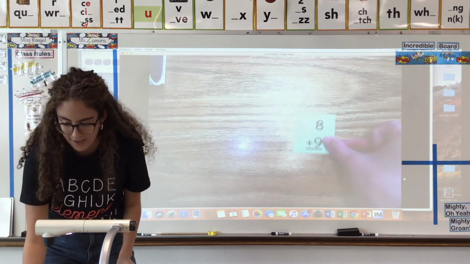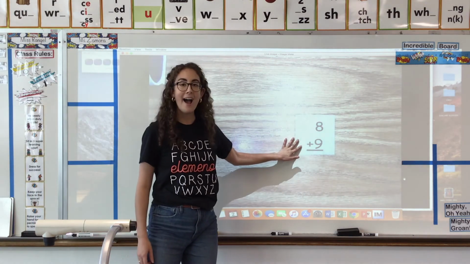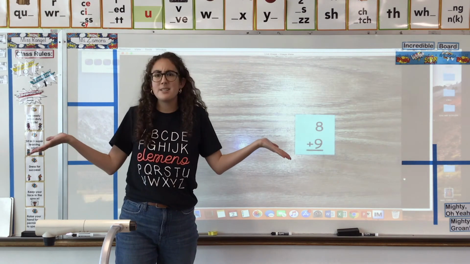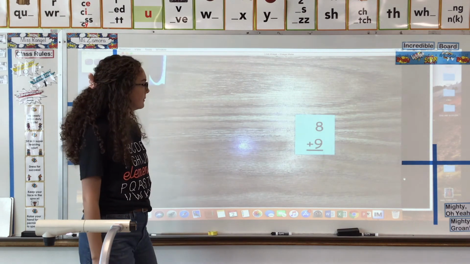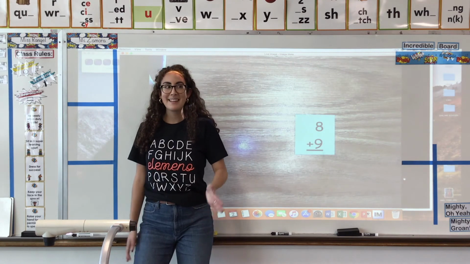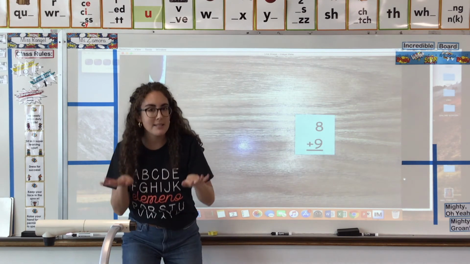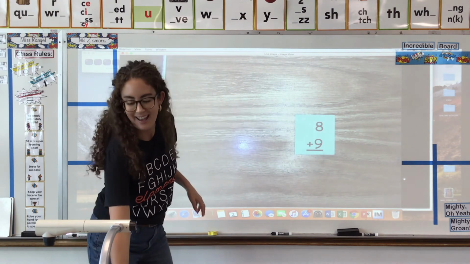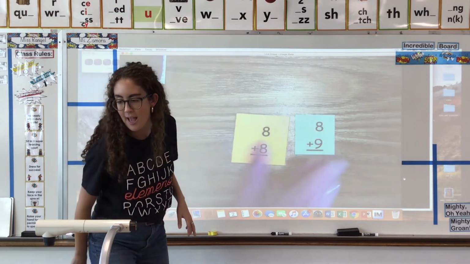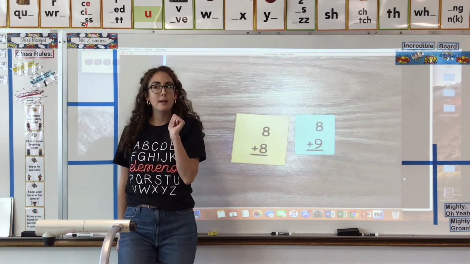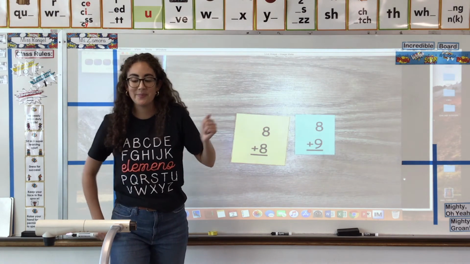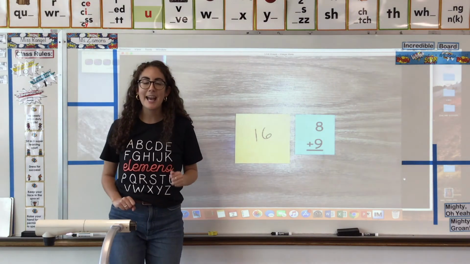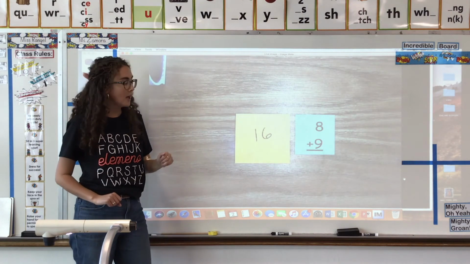One last neighbor fact, and that is 8 plus 9. How can we solve 8 plus 9? What strategy can we use? We can double the smallest number, which would be 8 plus 8. And 8 plus 8 is... It is 16. 8 plus 8 is 16.